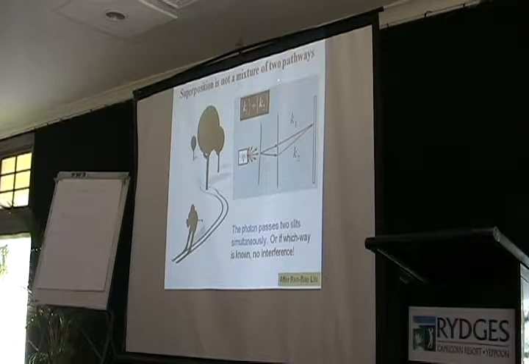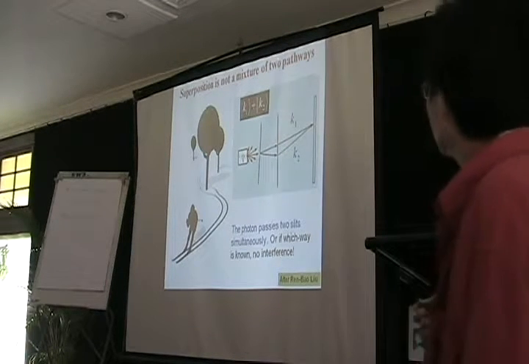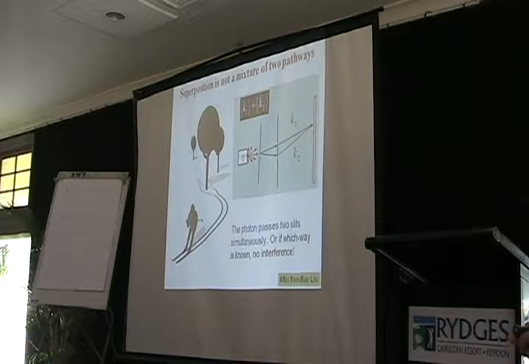And again, superposition is not a mixture of two pathways. You may wonder how this can pass through. If the photon or electron passes through two slits simultaneously, and which-way information is there, then there is no interference.